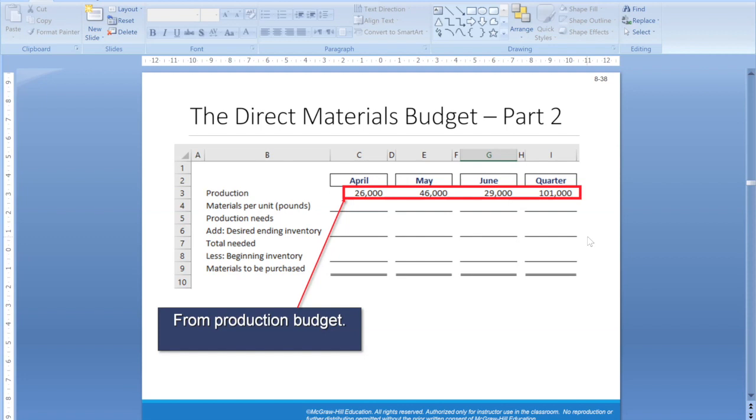So if I say production 26,000, I'm referring to the finished goods or the units available for sale, ready for sale. But to produce the 26,000 finished goods units, what is the materials needed to produce the 26,000?